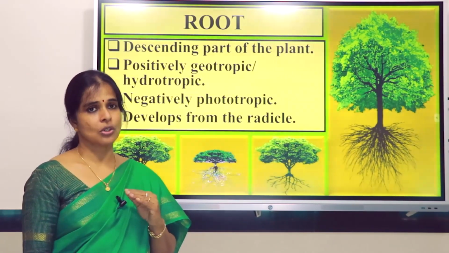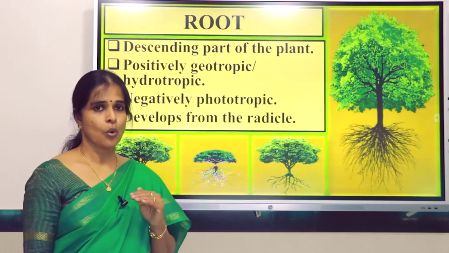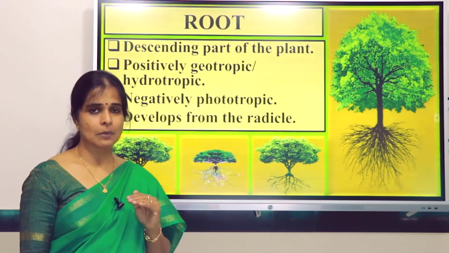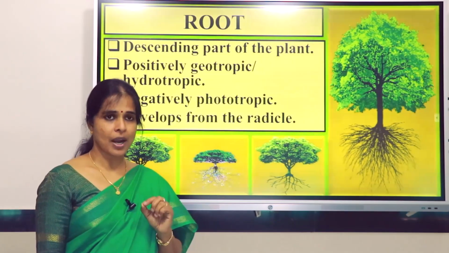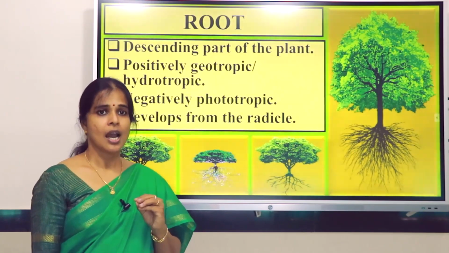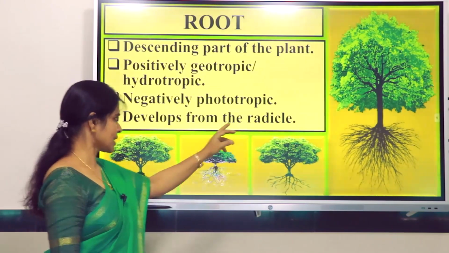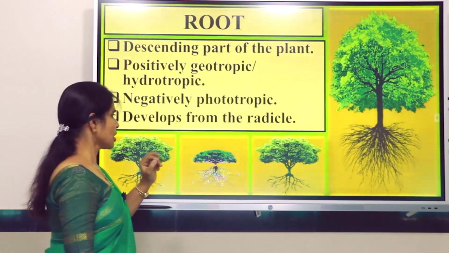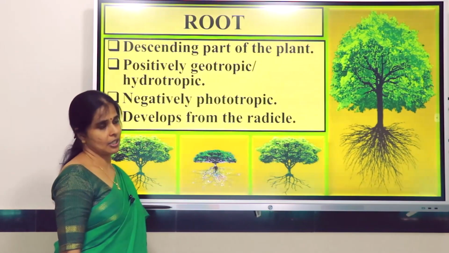The part growing upward is the shoot system, whose starting point is called the plumule, whereas the part growing downwards from the embryo region is called the radicle. The roots normally develop from the radicle.